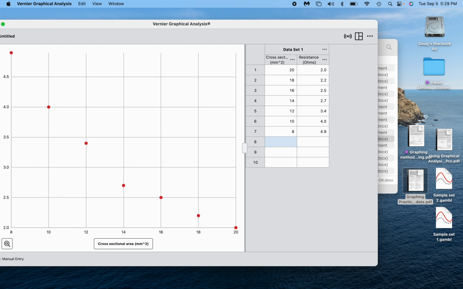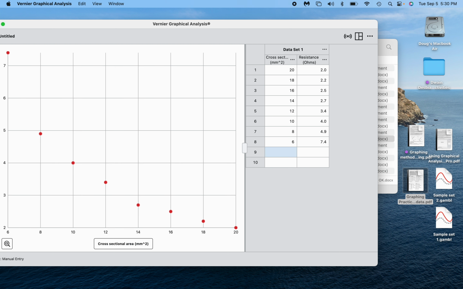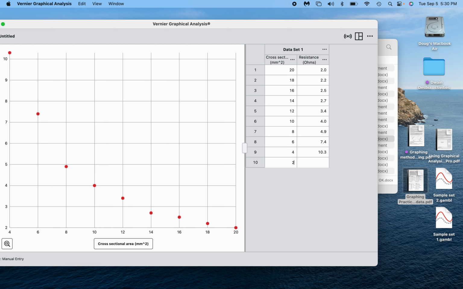So you see this is a very different pattern than we had before. 6, 7.4, 4, and 10.3. And then finally 2 and 19.5.